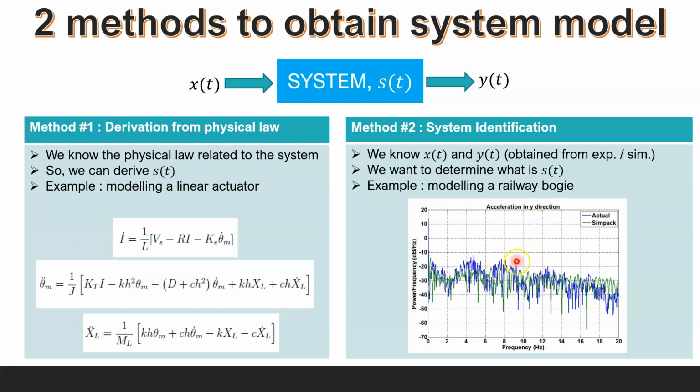There are two signals here: the actual acceleration obtained from the actual train and the Simpack acceleration obtained from simulation. From these signals, we can derive the mathematical model of the bogie, which is a complex system and difficult to derive using physical law, or first principles.